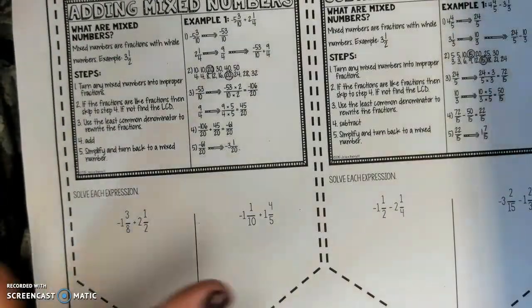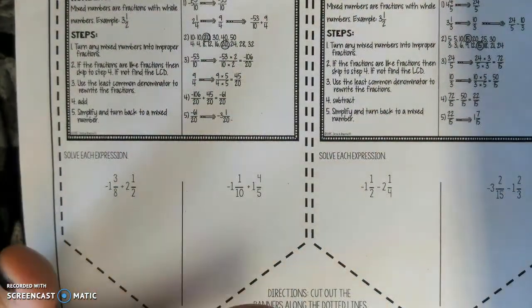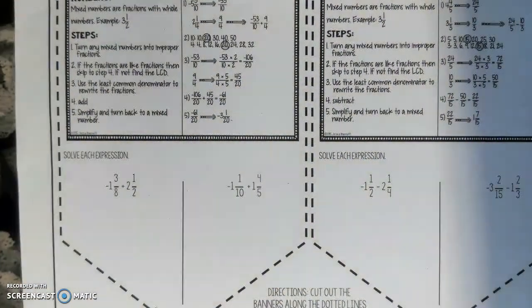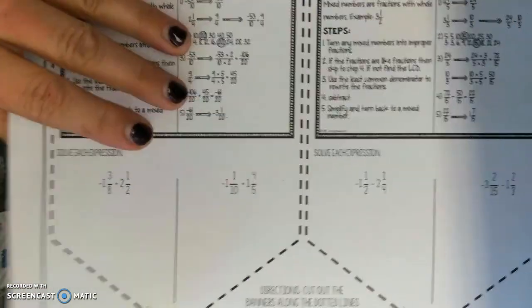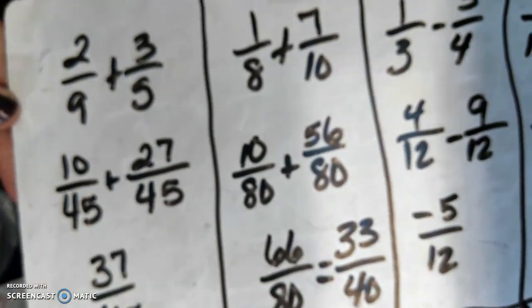If you have not answered these 8 problems on here, I want you to pause the video and go answer them. This is super important for you guys so you can understand, am I understanding all of this, or do I need to get some extra additional help? All right? So I went ahead and I solved these all for you already. If you have not solved them, please pause the video, and come back and double check your answers, okay?